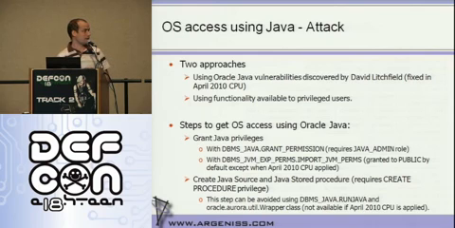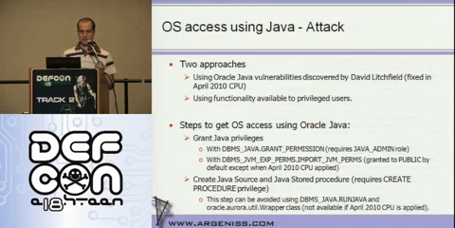Then after we have the required Java privileges, we should create the Java stored procedure that will contain the Java instructions to execute operating system commands. These Java instructions are the standard Java to execute operating system commands.